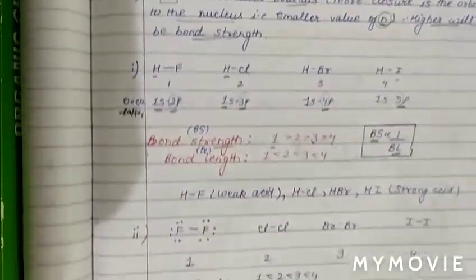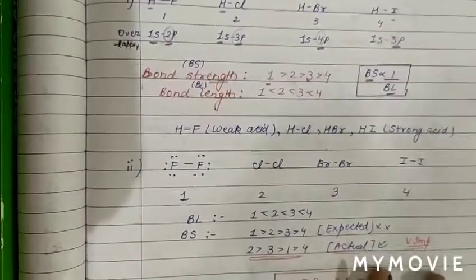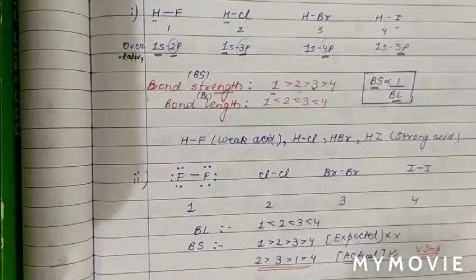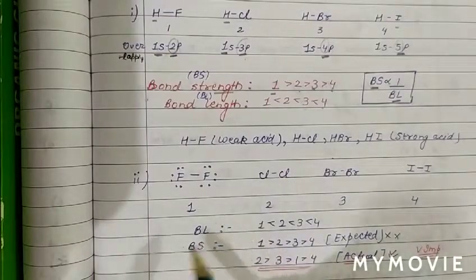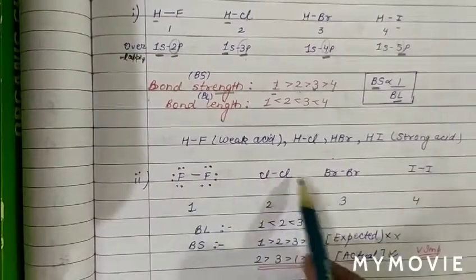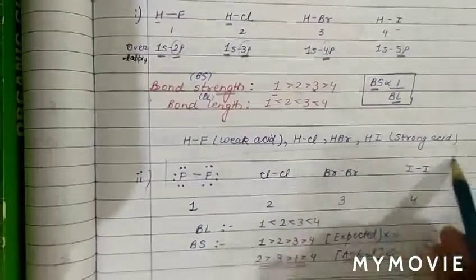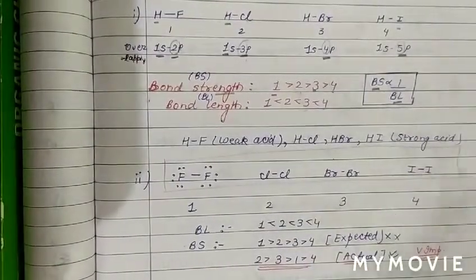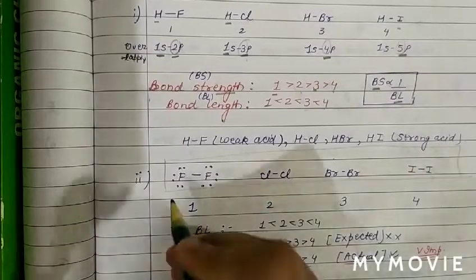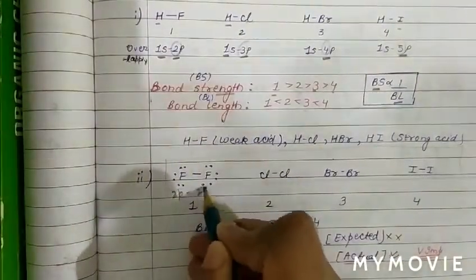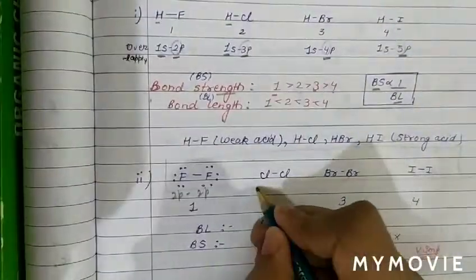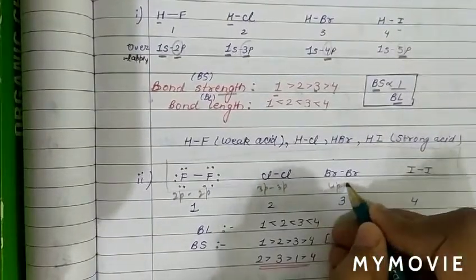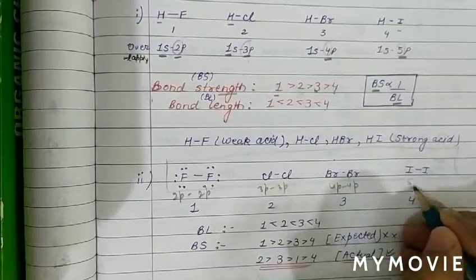Next we are comparing the order of bond strength and bond length in F2, Cl2, Br2 and I2. These are four halogens. Fluorine is 2p, 2p, chlorine is 3p, 3p, bromine is 4p, 4p and iodine is 5p, 5p.